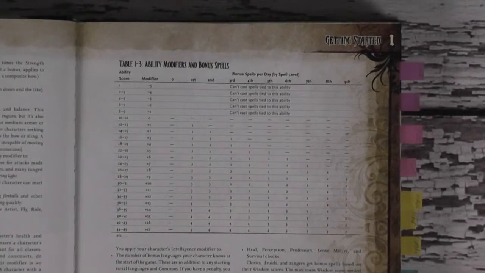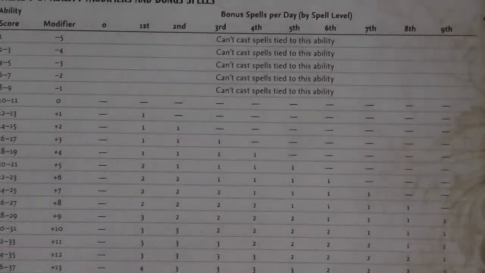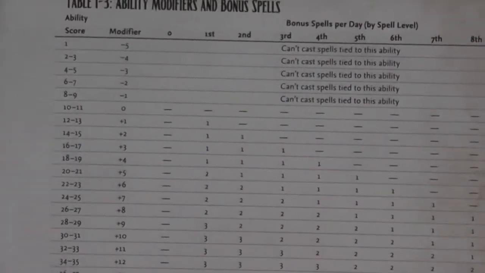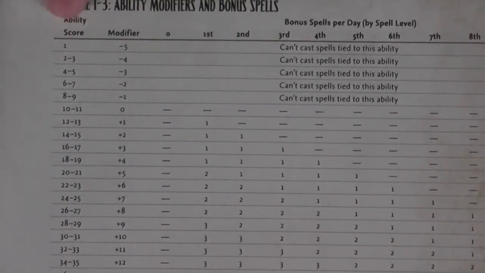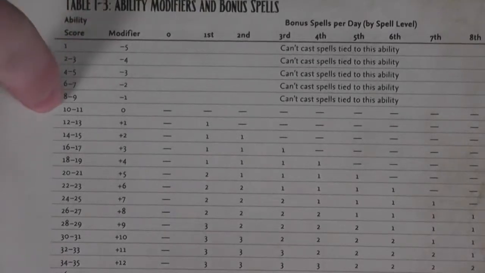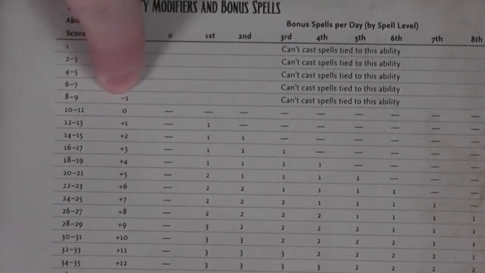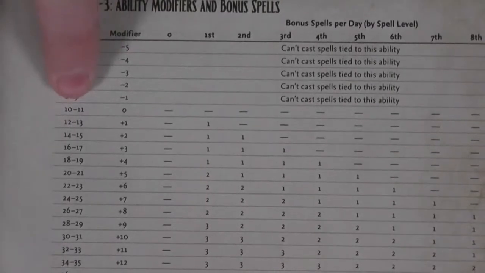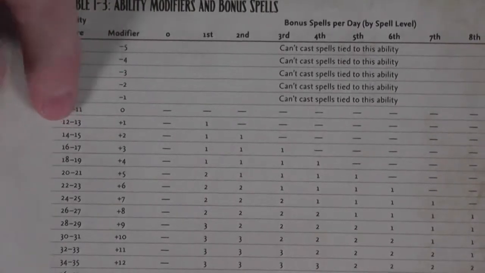But for these, it'll show you what ability scores equal what modifiers. So a score of 10 to 11 is a 0. Anything below a 0 you really don't need, because you can re-roll them.